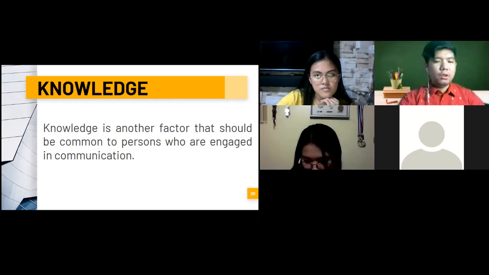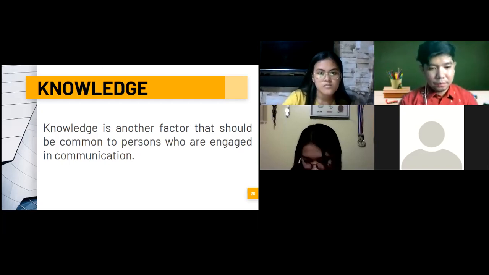So in other words, the very reason why knowledge is also included as another factor to consider before engaging in a communication act is for both participants to exchange information that is new to both parties. In other words, there is an exchange of new information regarding a particular subject that they are discussing.